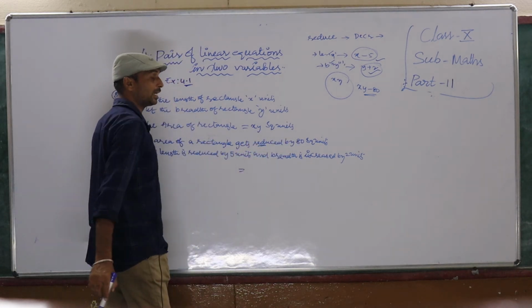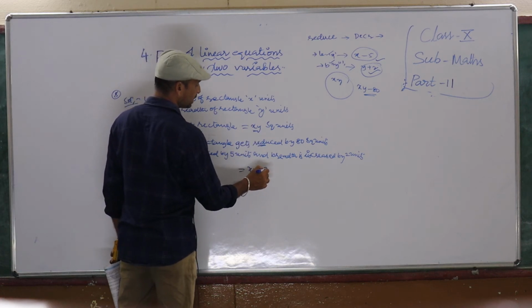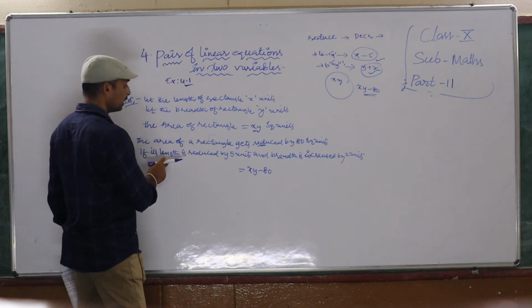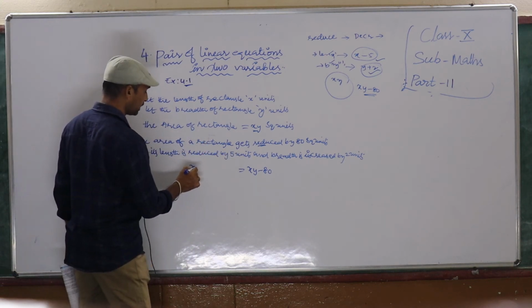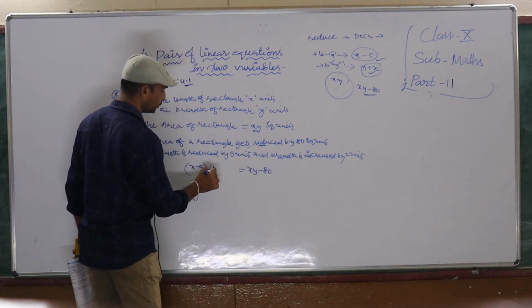Okay children, so based on this condition, first I am taking area, 80 square units reduced means subtraction, original area xy minus 80, when it is possible, if length is reduced by 5, x minus 5, and breadth is increased by 2, y plus 2.